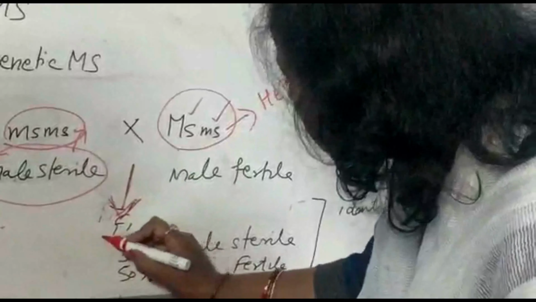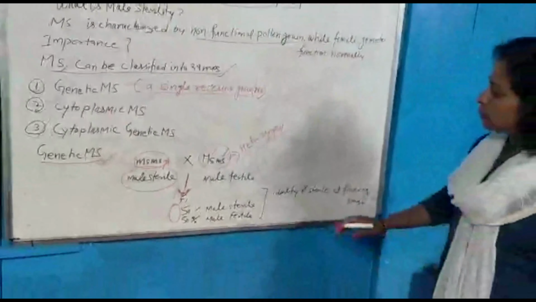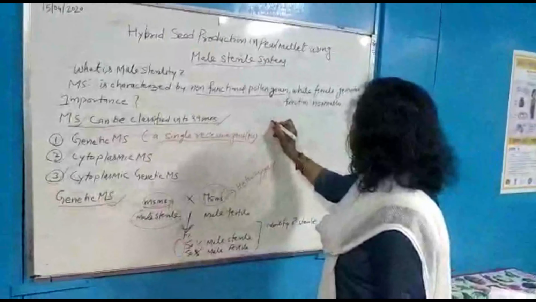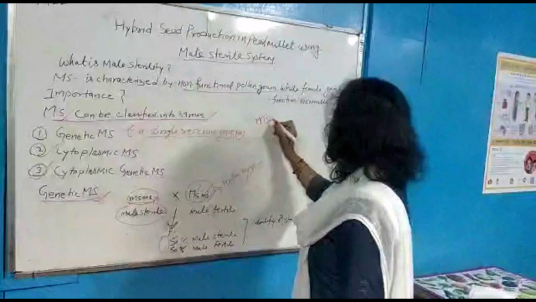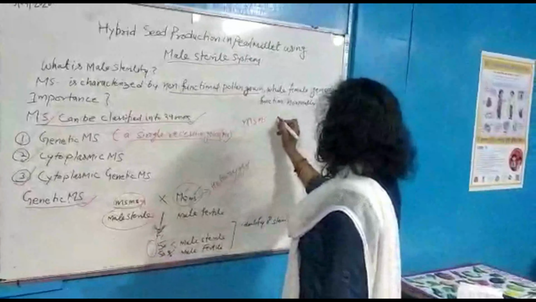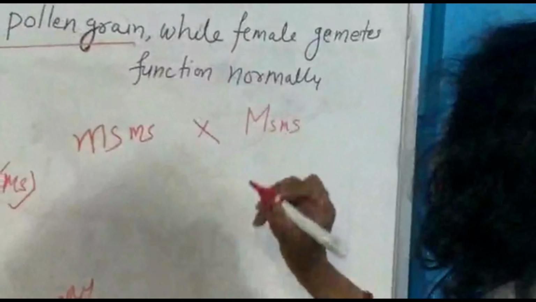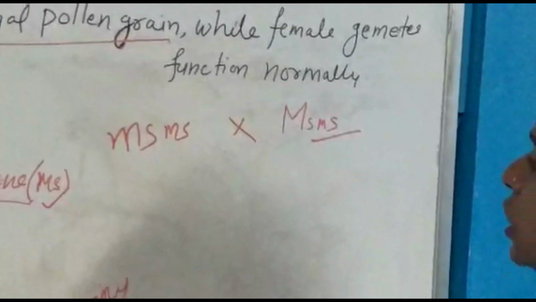So how does it work? How do we get this population? I am just describing it here. Suppose one parent has small ms small ms and the second parent has capital ms and small ms, the heterozygous condition.